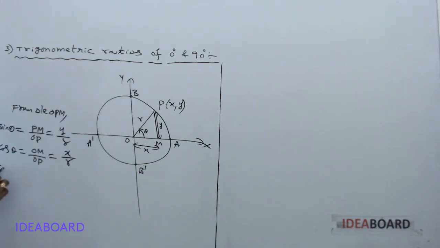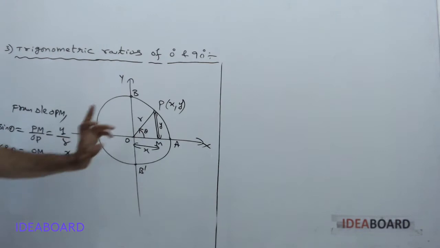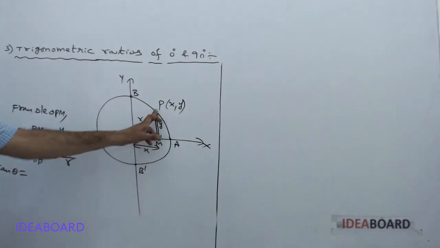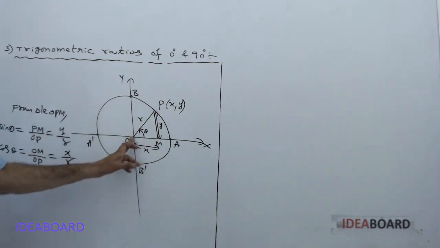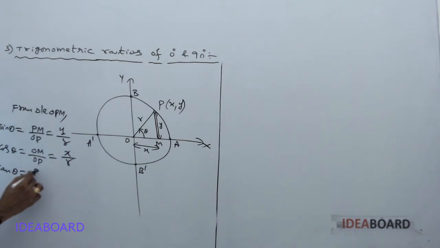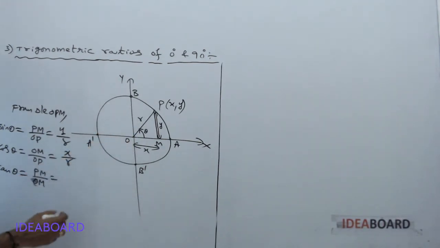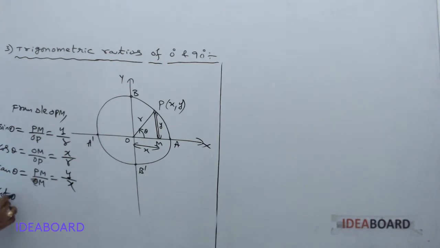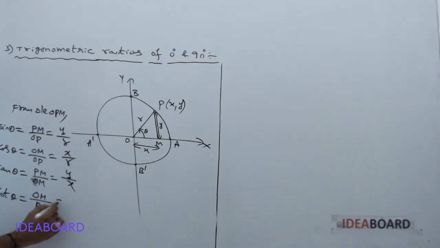Now tan theta equals PM by OM, which is y by x. Now cot theta equals the reciprocal of tan, so OM by PM equals x by y.